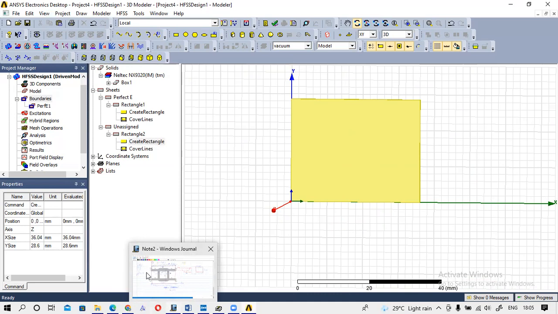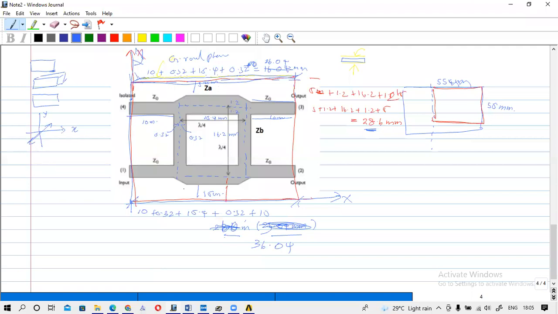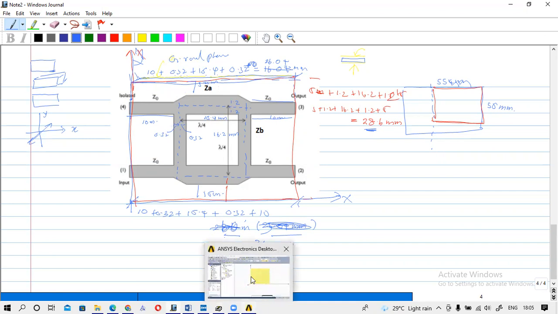Now we have to remove the unnecessary copper, from this line and this line, to make this coupler. So how can we remove the copper? There is a command.